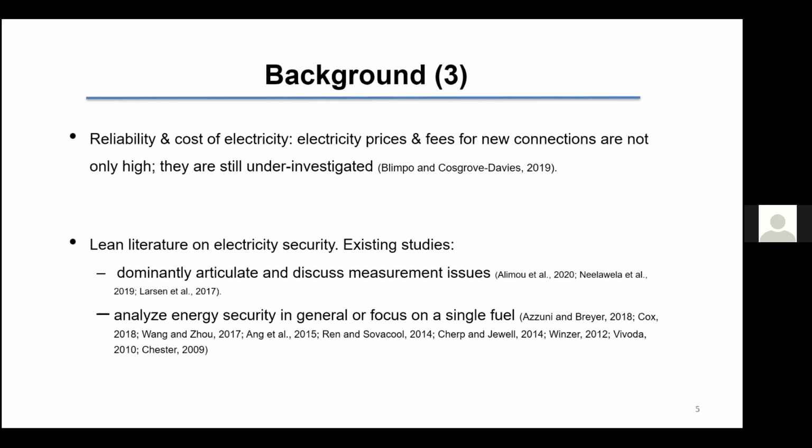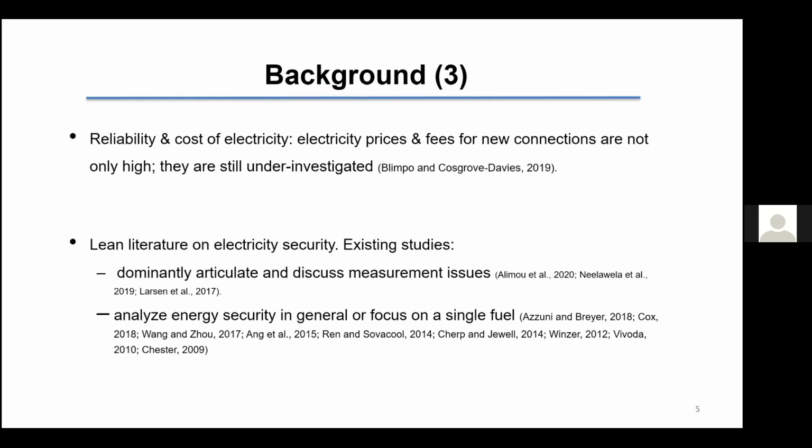But finally, from reviewing literature and in terms of identifying what is there today or what is concerning and driving us, as a concept, existing studies are dominantly articulating and discussing measurement issues. In other words, approaches. How do we go ahead and tell that country A or community A or family A is electricity secure?